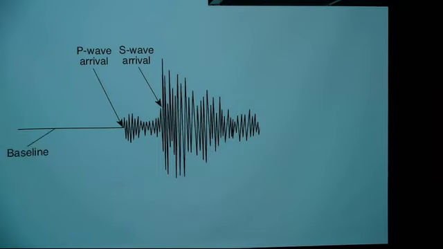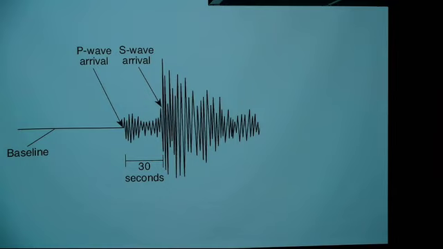This line is what we call the baseline, and that's what we're going to compare the height of the waves to. We can see that there has been a 30-second difference in the arrival of the P wave and the S wave on this particular seismogram. We call that time the lag time.